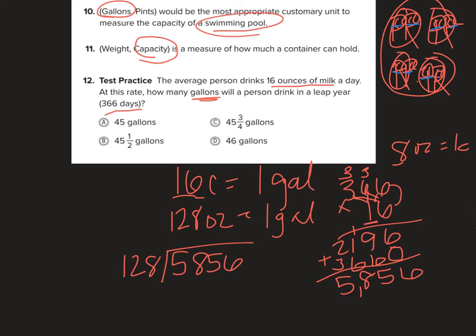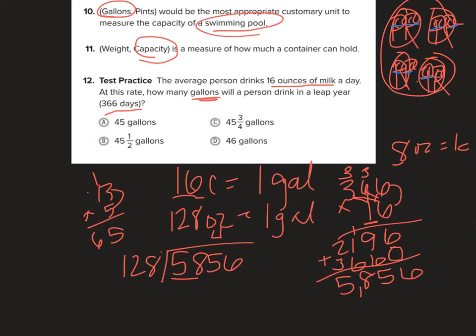Okay, now we're dividing. All right, 128. I think, so 130, it would be 260, 390. Let's do like 13 to get to 58. 65, so 4.